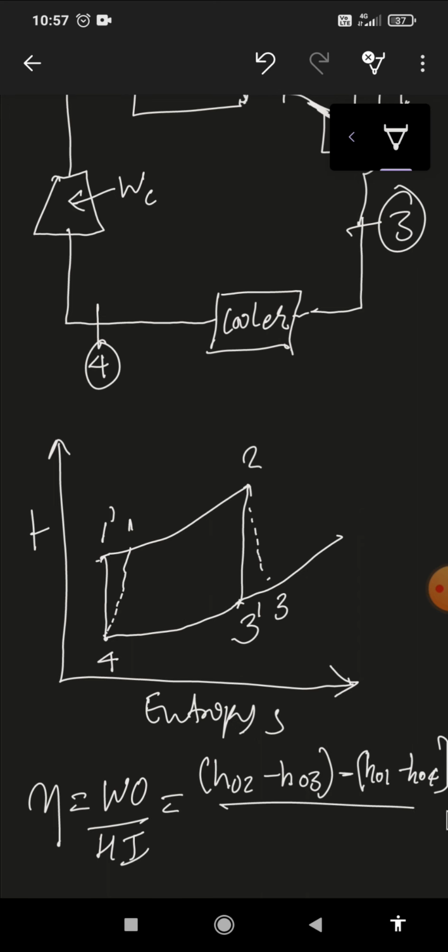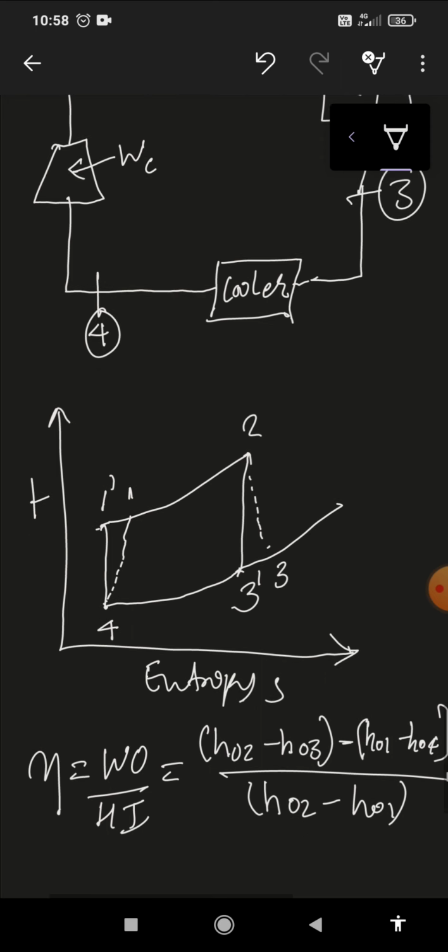And what heat input are we giving? We give heat input in the heater, that is the 1 to 2 process, so that is h02 minus h01. This is the efficiency.